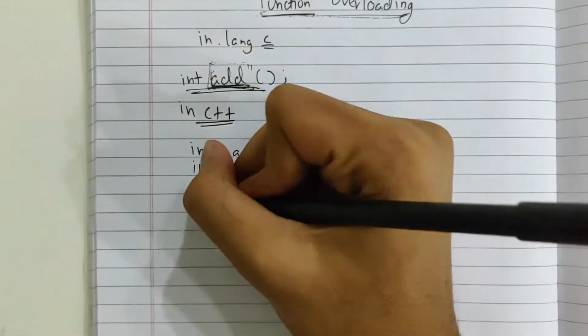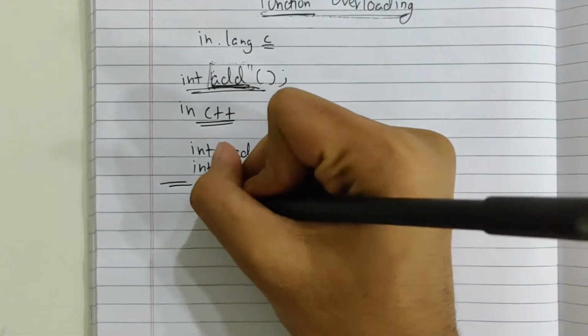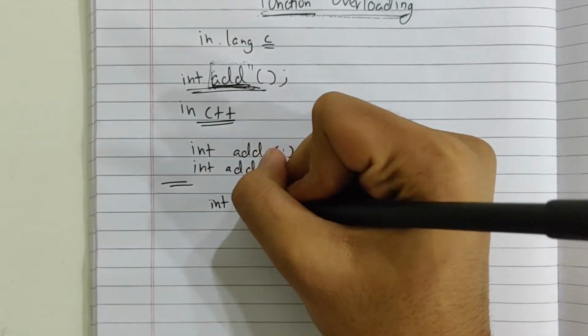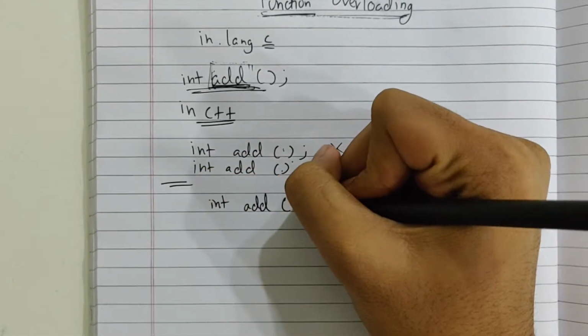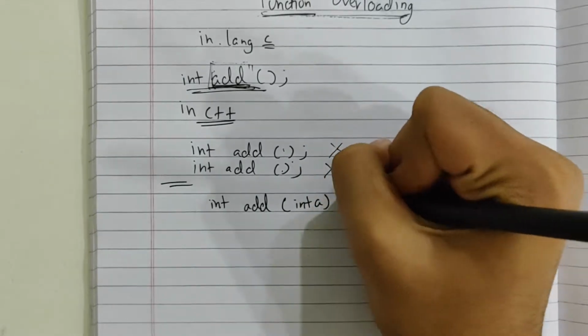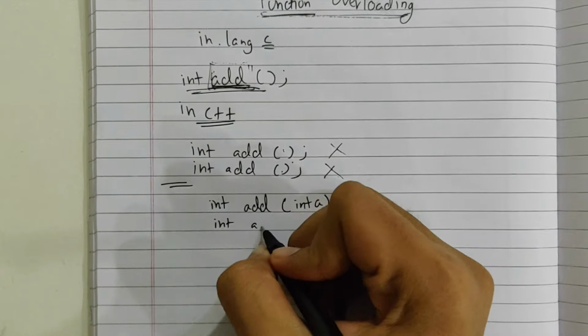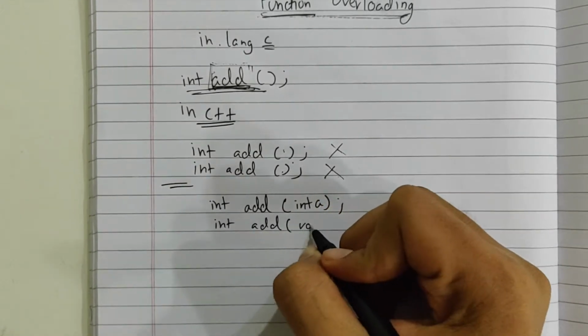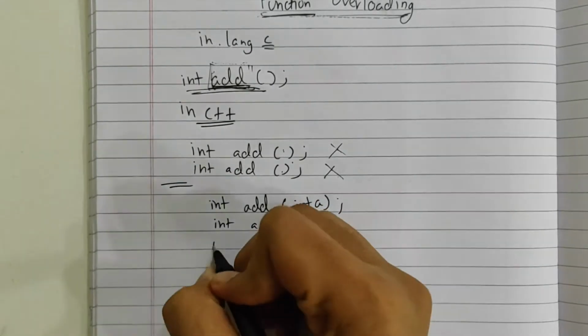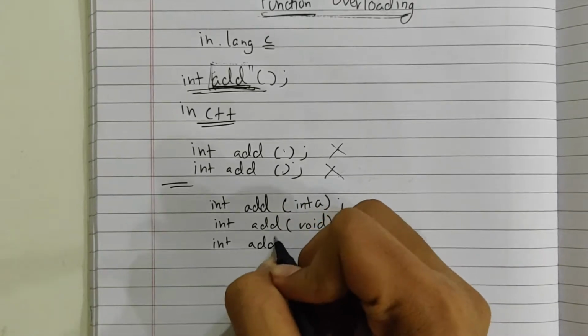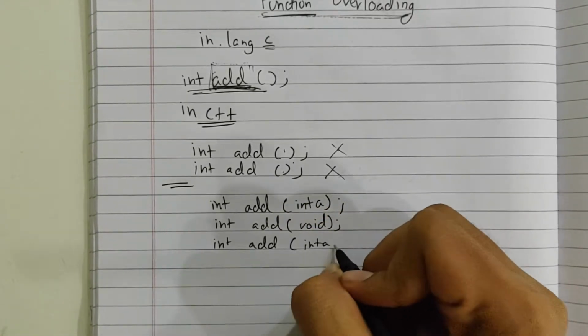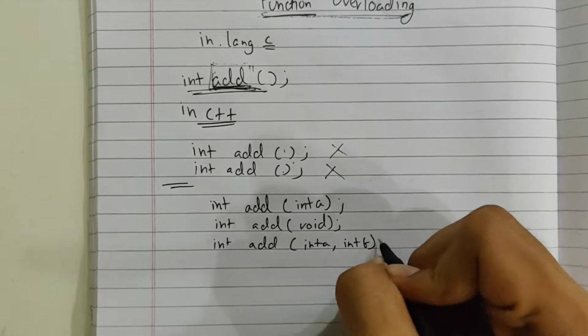Okay, so the right way of doing this is, say for example, if I write int add and I give a parameter int a, and int add and I give a parameter void, and int add and I give parameter int a, int b.